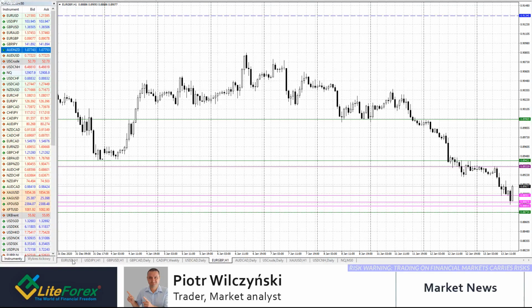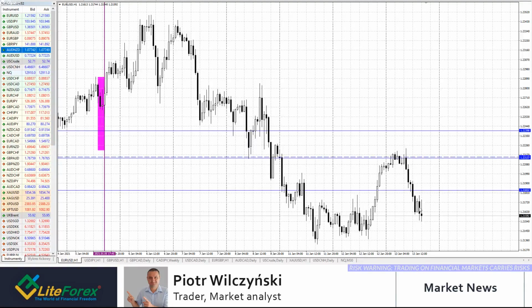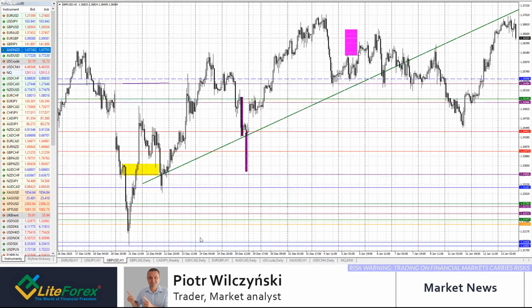At the same time, we have euro dollar trying to hold demand we discussed earlier today, all right? And the pound reacting to the downside after the retest of this aggressive trend line discussed earlier, right?